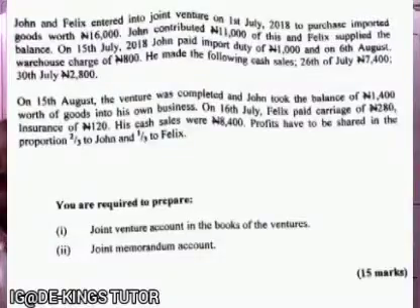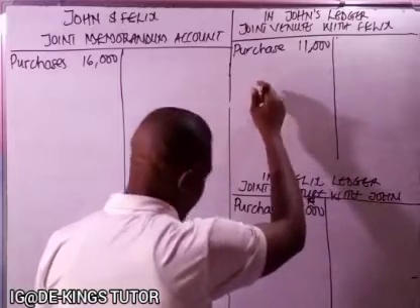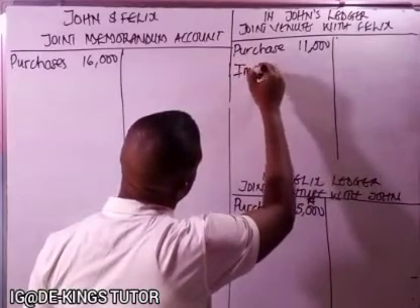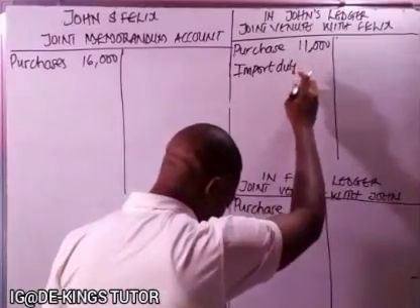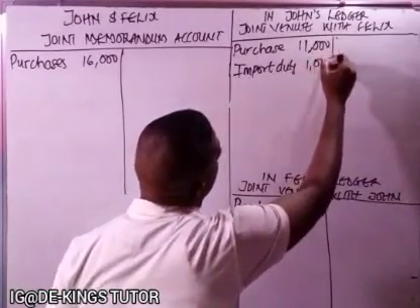And the next question said, on 15th of July 2018, John paid import duty of 1,000, and on 6th August, warehouse charge of 800. Okay, import duty of how much? 1,000.